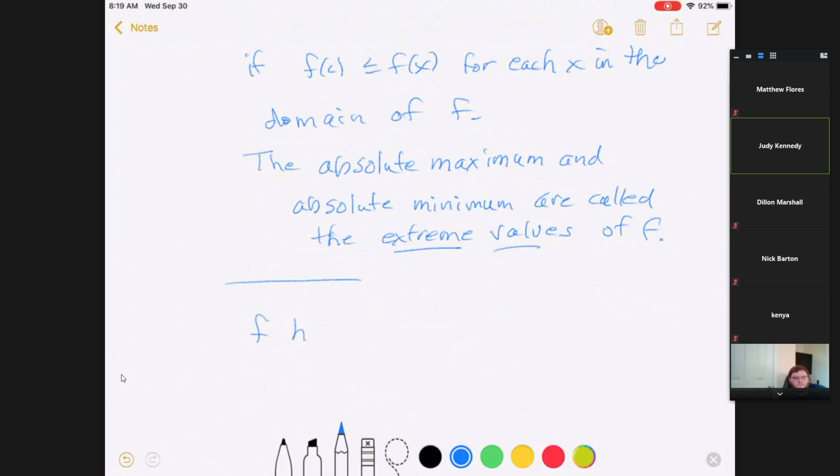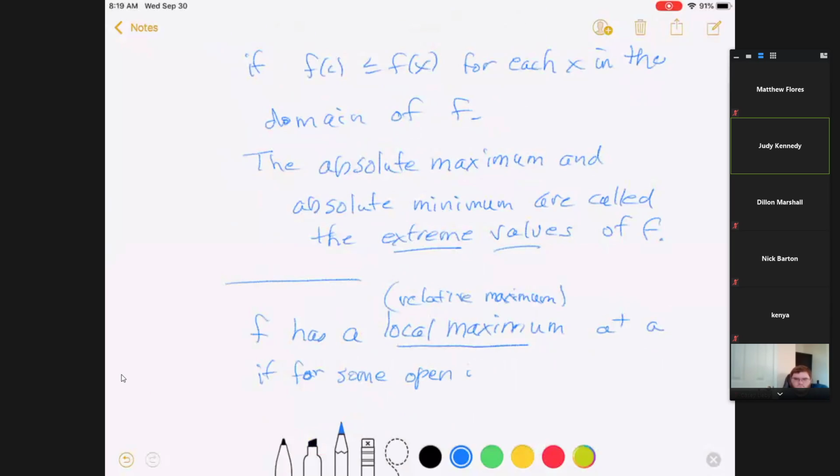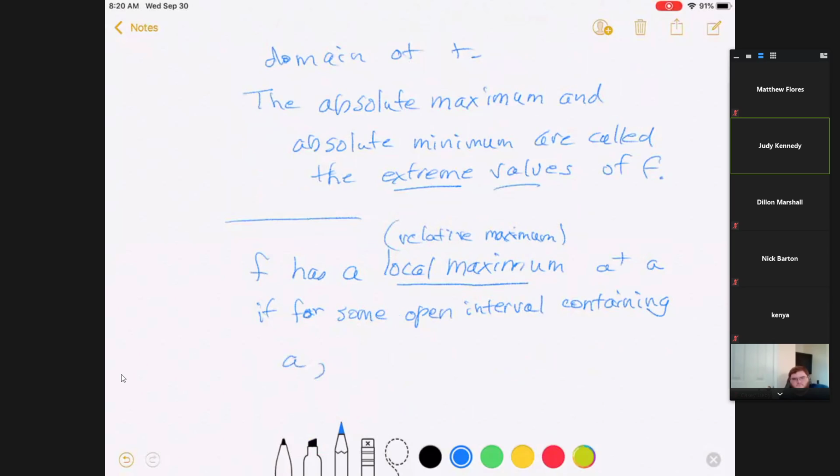F has a local maximum, also called a relative maximum sometimes, at the number a if for some open interval containing a, f of x is less than or equal to f of a.